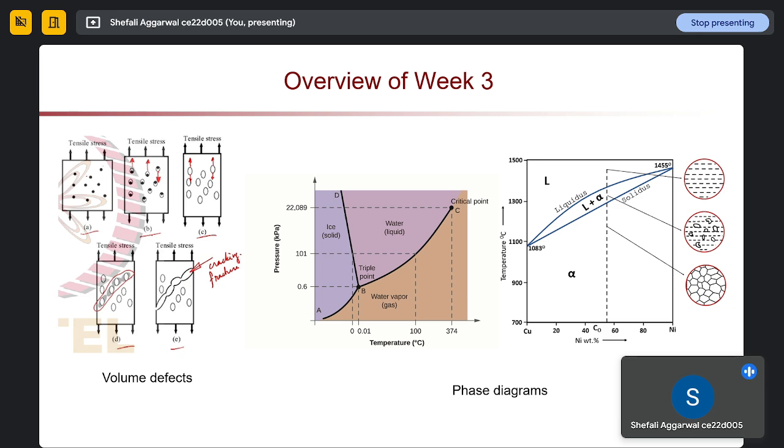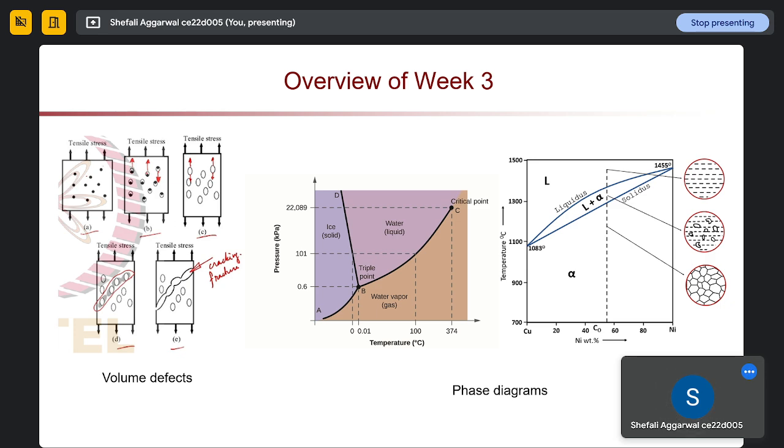How can we differentiate this from a point defect? A point defect is usually in two directions, and a volume defect is in three directions. So if there is any hole or void in a three-dimensional area of a material, that is called a volume defect.